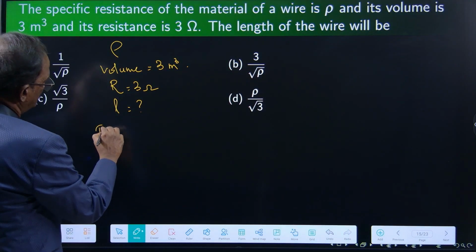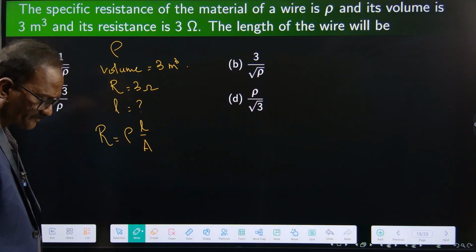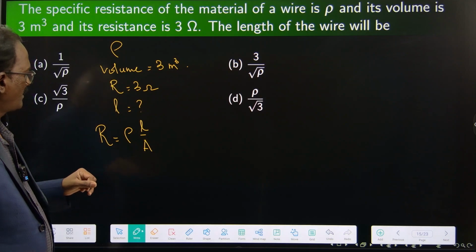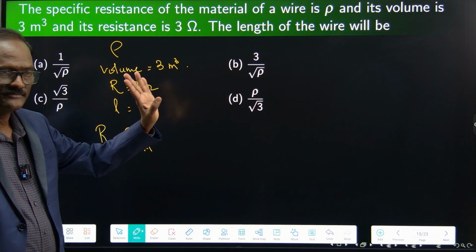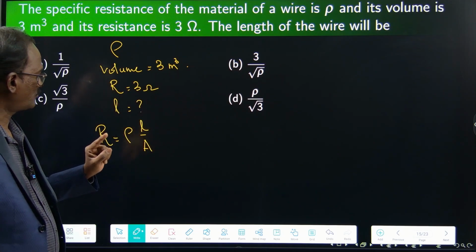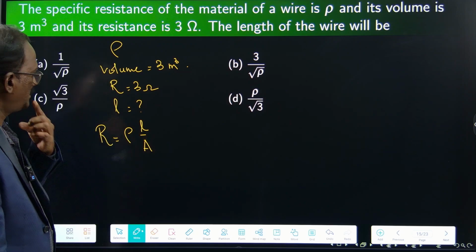R is equal to rho L by A. Instead of A, they have given the volume. Length is asked; rho we can keep in the answer. R value is 3 ohms, but A is not available.